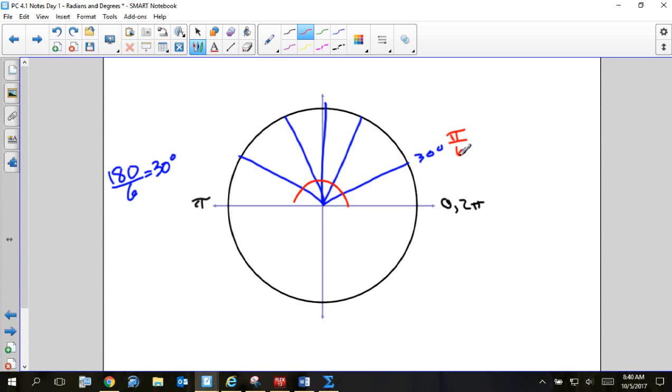So what's my second one going to be? 2 pi over 6, but that reduces. And then my third one is going to be 3 pi over 6, but that reduces. And then my fourth one is going to be 4 pi over 6. That reduces. My fifth one is going to be 5 pi over 6. That one does not reduce. 6 is going to be 6 pi over 6. What if I have to keep going?